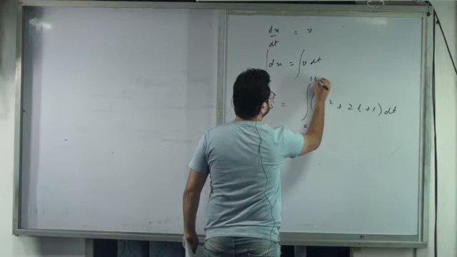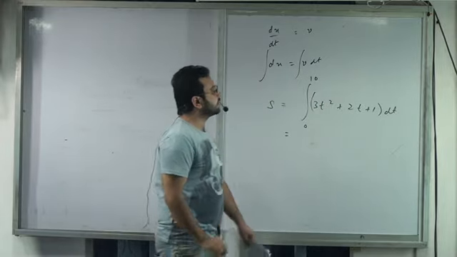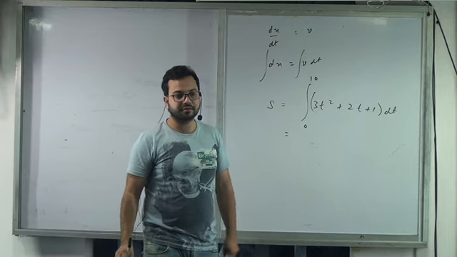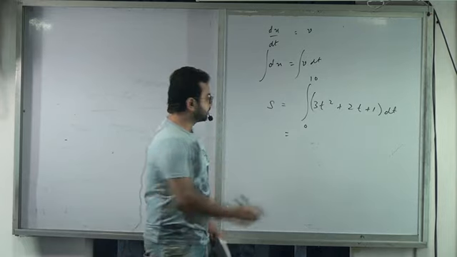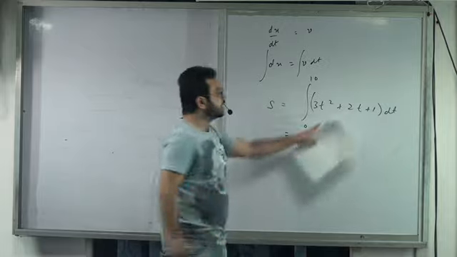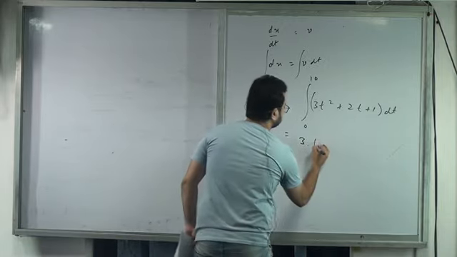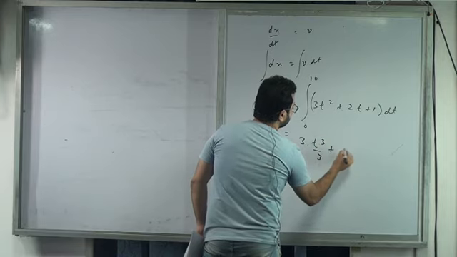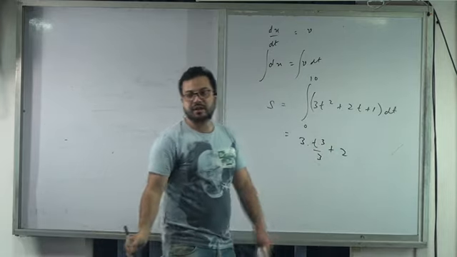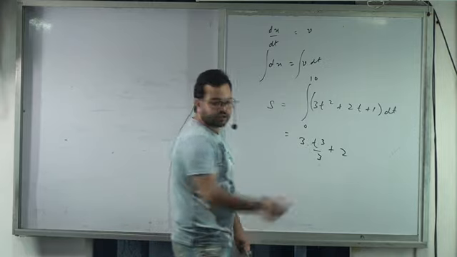That's it. Alright, so I integrate 3t square. What would I get? 3 is a constant. T to the power 2, that will become t cube by 3. 2 is a constant. Integration of t will become t square by 2.